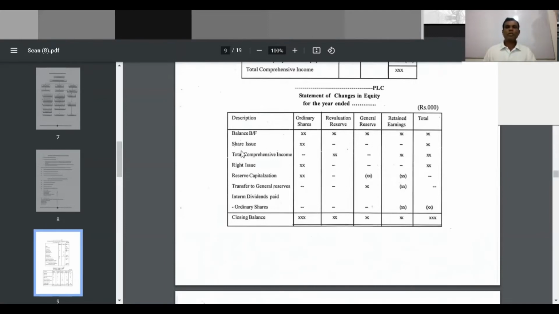So due to share issues, the ordinary shares, that is the stated capital, increases, with no effect on the other components of equity.